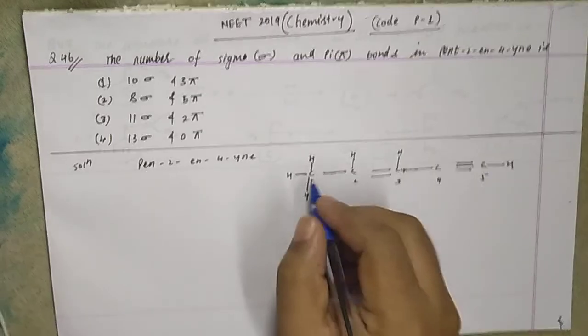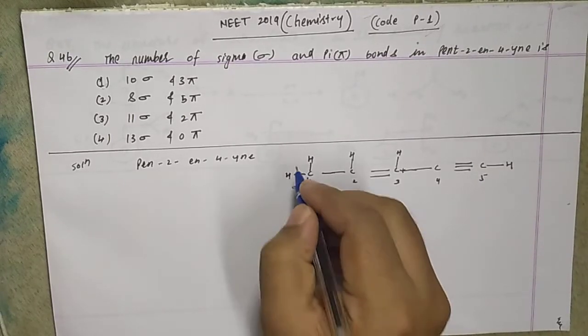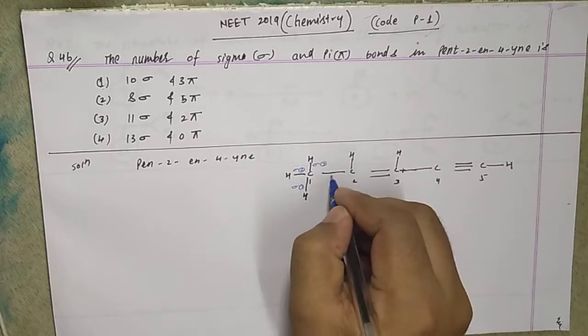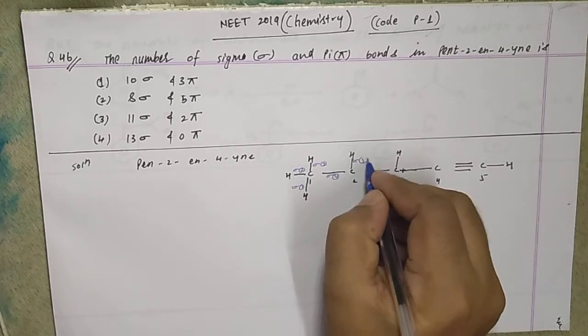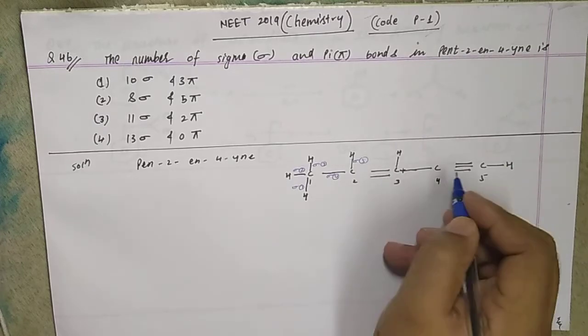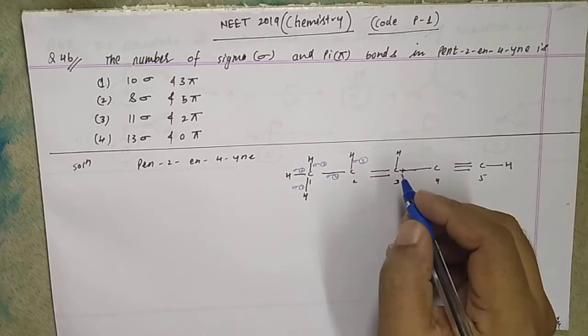So here the sigma bonds are sigma 1, sigma 2, sigma 3, sigma 4, sigma 5. Each multiple bond, whether triple or double, also contains one single bond.